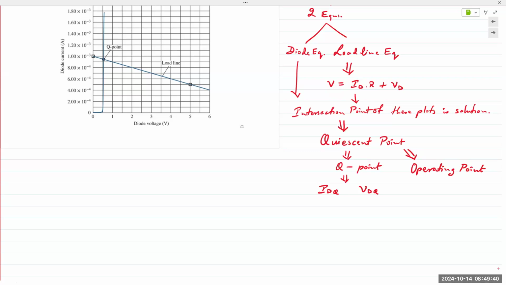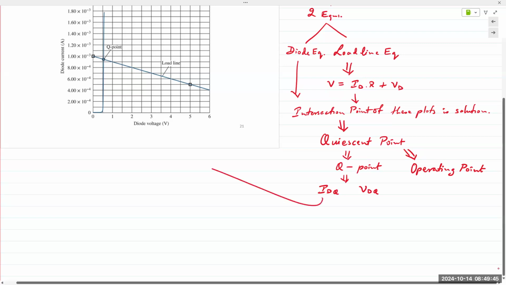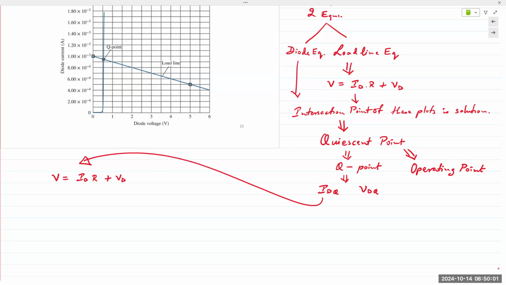So let's plot this out. Our load line equation is V = IDR + VD. If you have two unknown variables in an equation, the best way to solve it is by assuming a value for one of them, and the best assumption is 0.